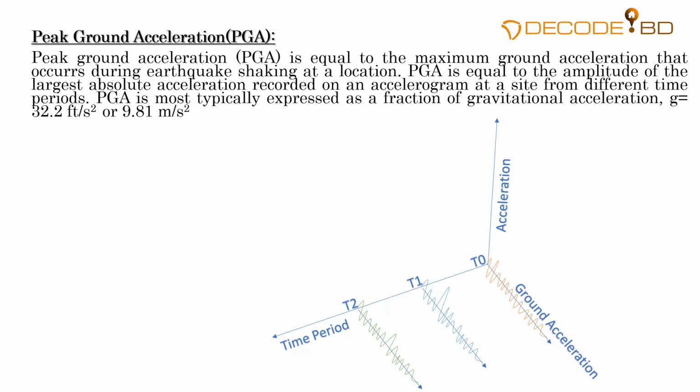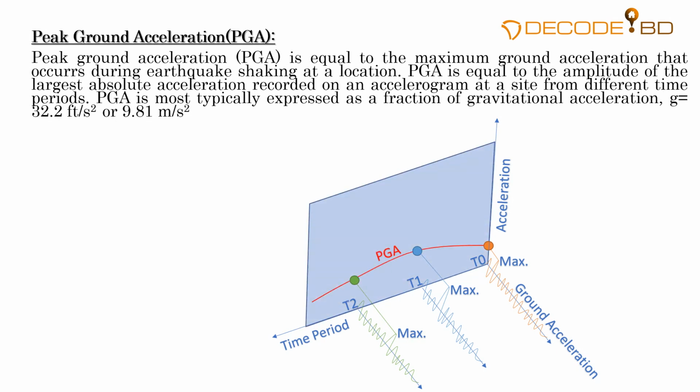Then the first maximum value for t0 we will get here, for time period t1 we will get here, and for time period t2 we will get here. So we will connect these points of maximum acceleration value to get the peak ground acceleration PGA.